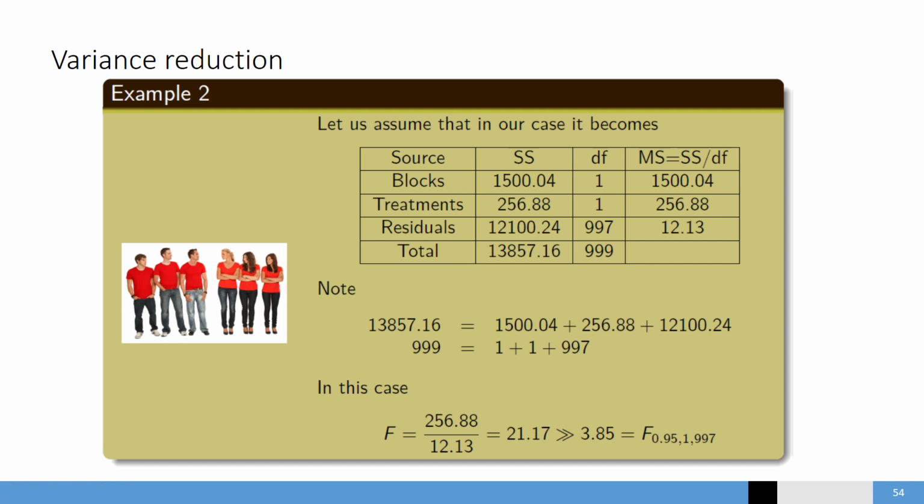This is what I meant at the beginning, that blocks help to reduce the variance of your comparisons, because you will compare your treatments to the unexplained variance. If the blocks can explain a big part of the variability, then this variability will be taken away from the comparison, and it will be easier to show that the treatments are effective.